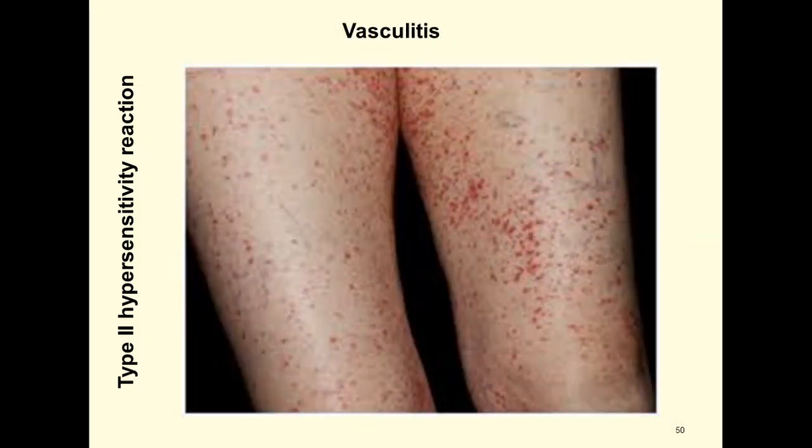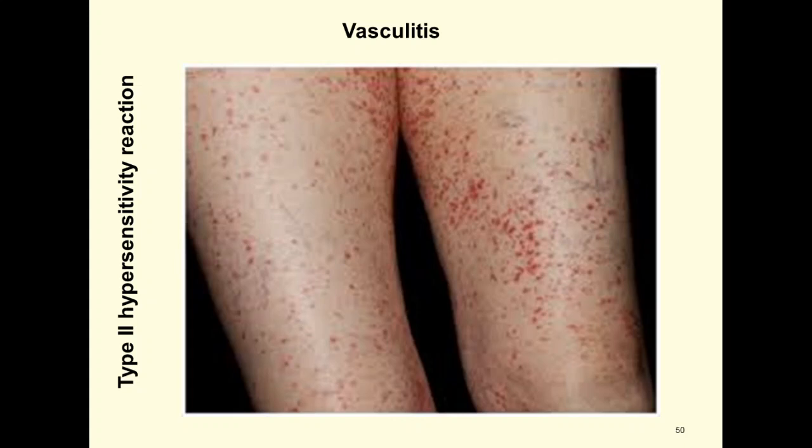Vasculitis, and here you need to remember one main point. Classically, systemic vasculitis is a feature of the third type of hypersensitivity reactions. But some diseases from the second type of hypersensitivity reaction could be characterized by vasculitis as well.